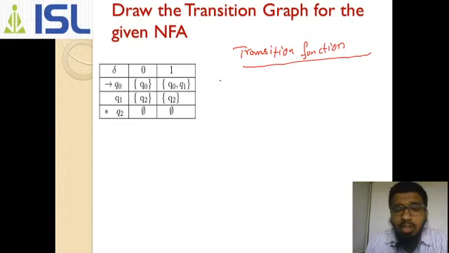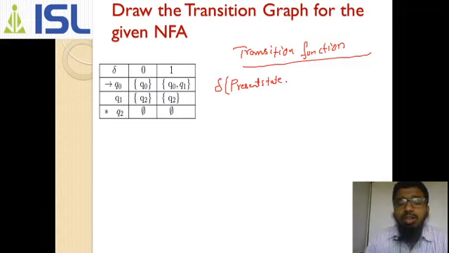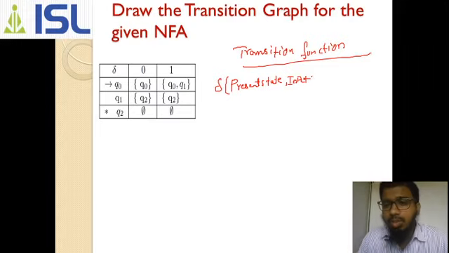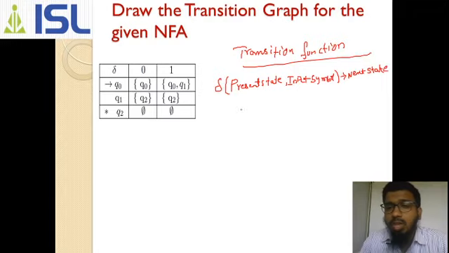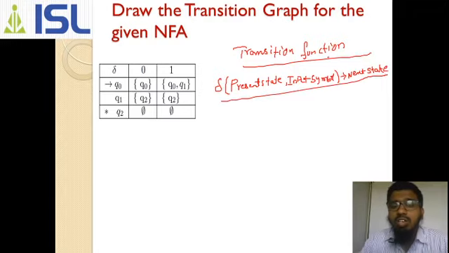The formula is delta, present state comma input symbol, then you are going to get the next state. Okay, so this is a transition function.